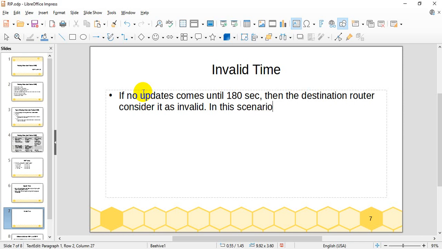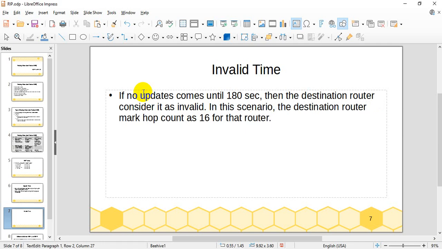In this scenario, the destination router marks the hop count as 16 for that router.